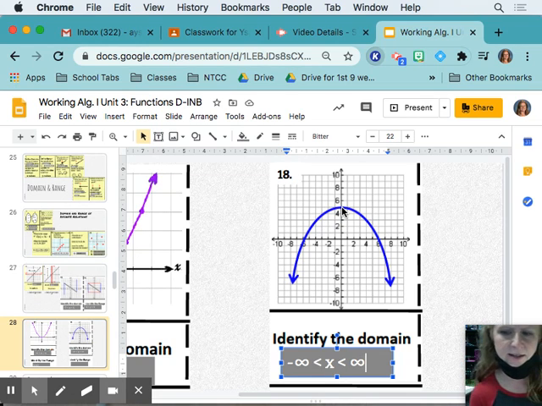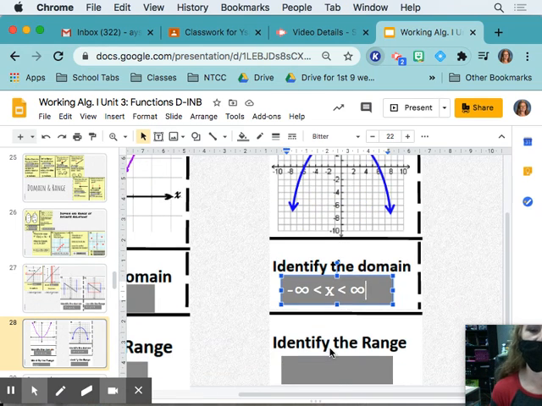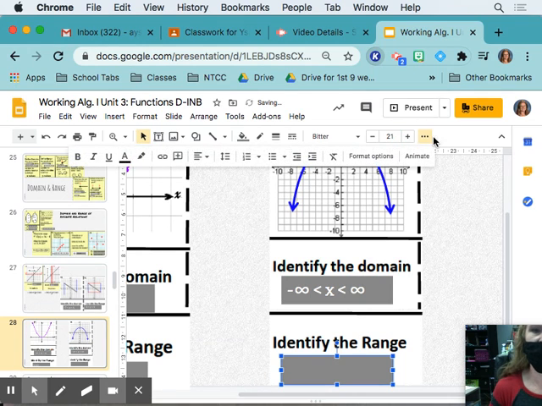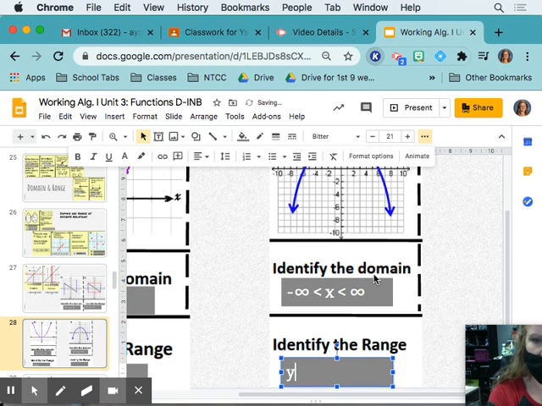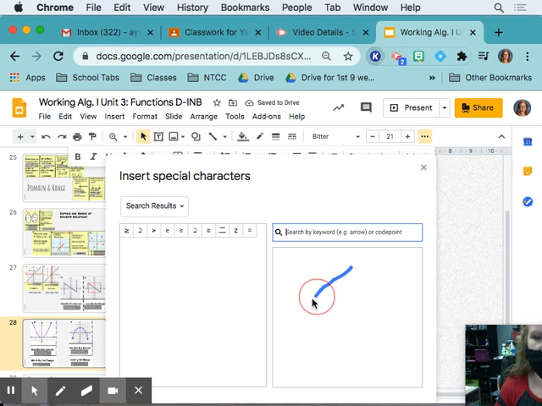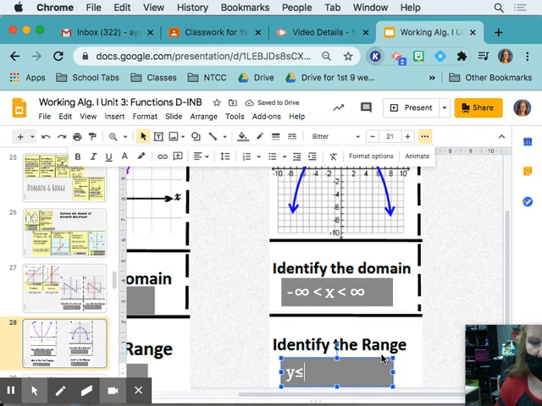How would I say that? Yeah, very good. So y is less than or equal to 5. I need to insert that symbol. Less than or equal to positive 5. Oh, I don't like how it changed that. Nope. There we go.